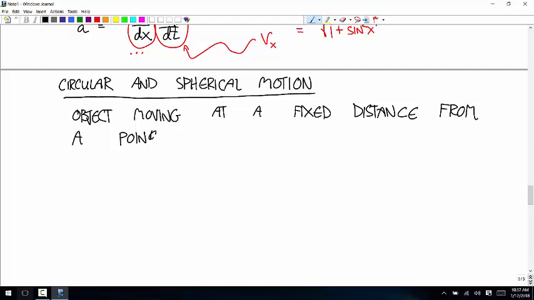If it's moving in 2D, that's circular motion. If it's moving in 3D, that's spherical motion.